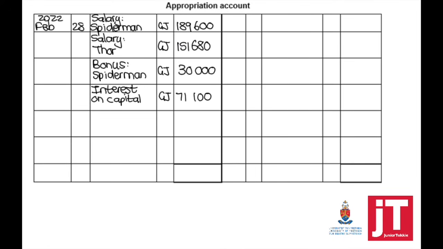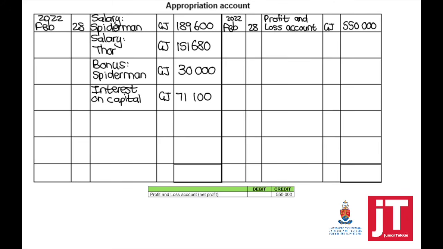Now, our next step is the appropriation account. Our net profit would be calculated in our profit and loss account. So in my appropriation on the credit side, we will have from the profit and loss account, the net profit for this year was 550,000. To calculate now my final distributions of profits, we have to take the net profit minus the total primary distributions of profits.